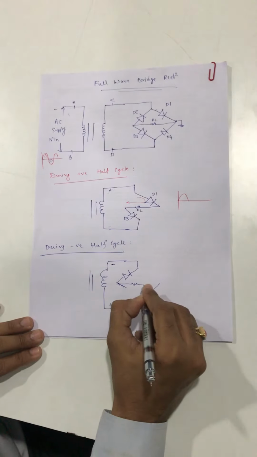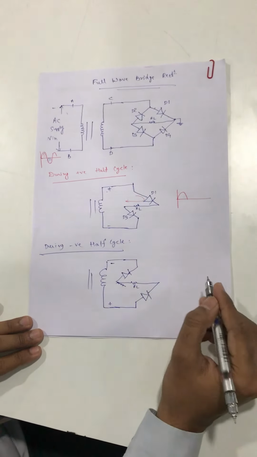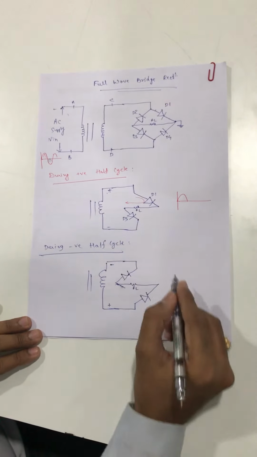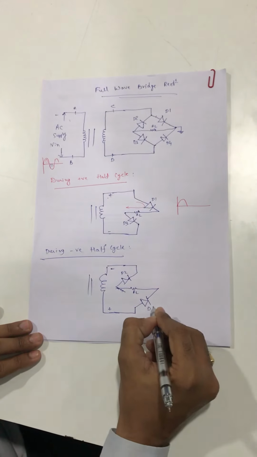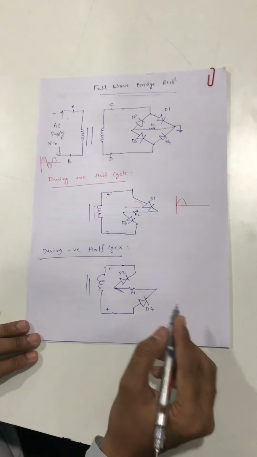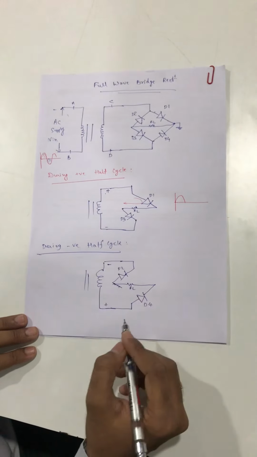So here we have a load resistance RL. This will be the circuit. My diode D2 and diode D4 are now in working condition, forward biased.